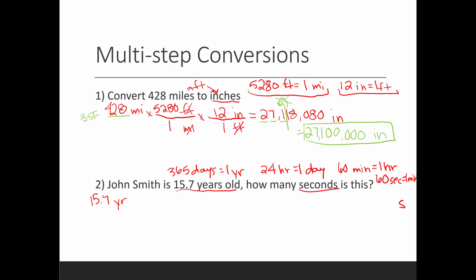So I'm going to use all of those conversion factors here to do this super long multi-step conversion because I do not know how to get straight from years to seconds. So I have to consider intermediate steps.